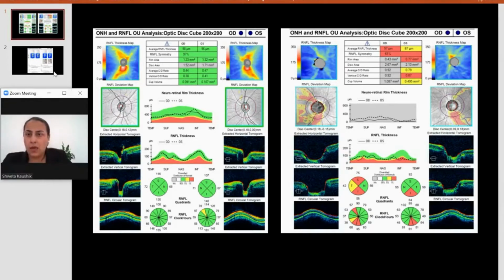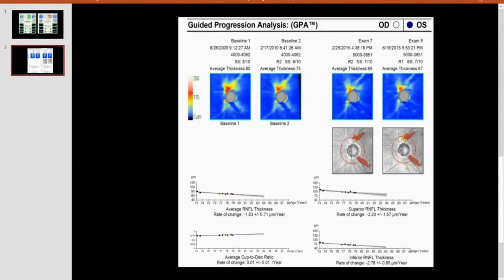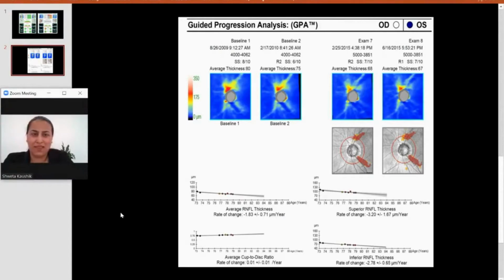Okay, there's only one more picture I want to show you, and so bring myself back up again. This is an OCT scan image of an individual who's had many OCT tests. This individual first started having tests in 2009, 2010, and the latest tests that I have are 2015.